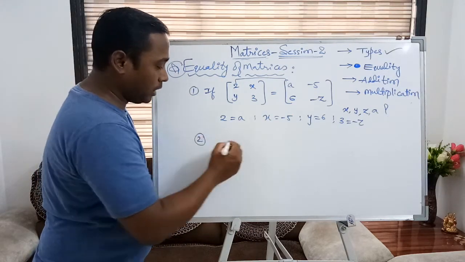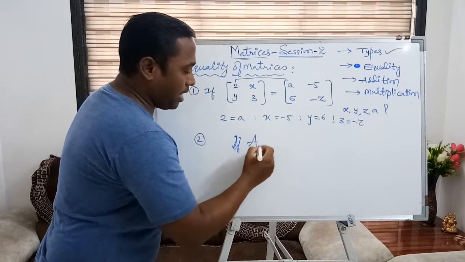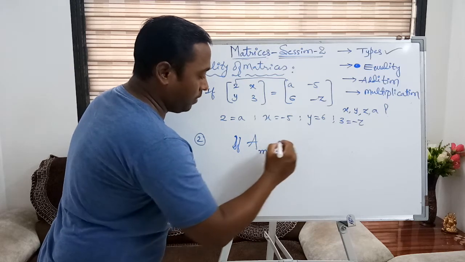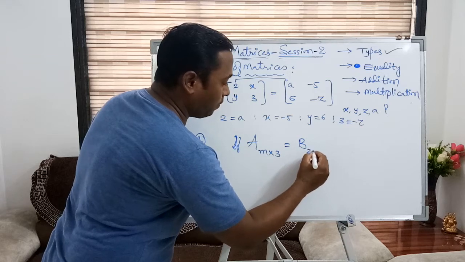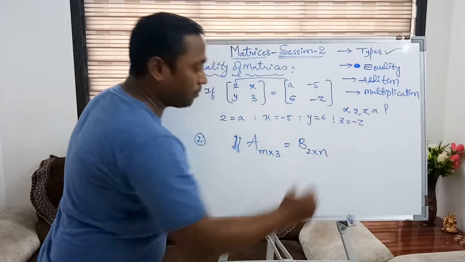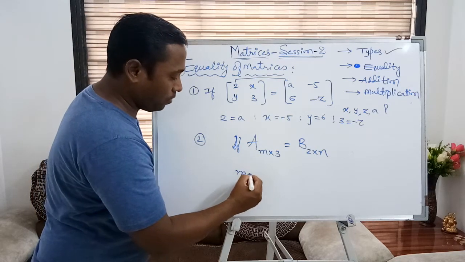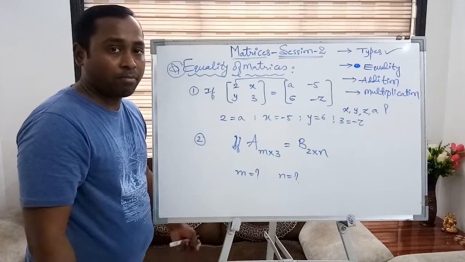Now this is the first question. The second one is: if A is a matrix of order m by 3 and is equal to B, a matrix of order 2 by n, can you tell the value of m and n? What is the value of m? What is the value of n? Simple.